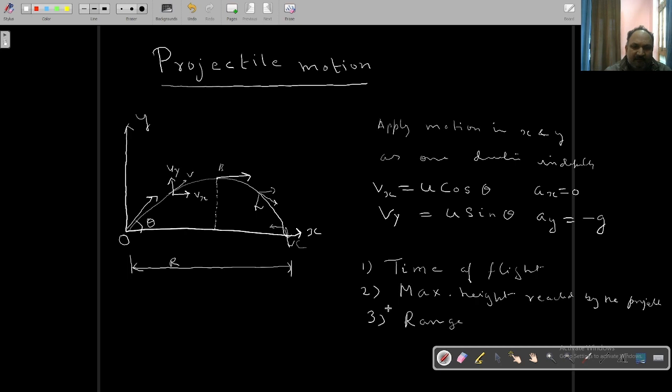So what is time of flight? How can we calculate it? The initial position is O. Final position is C. Okay. So now applying the law of motion in a straight line in the vertical direction, what can we find out?